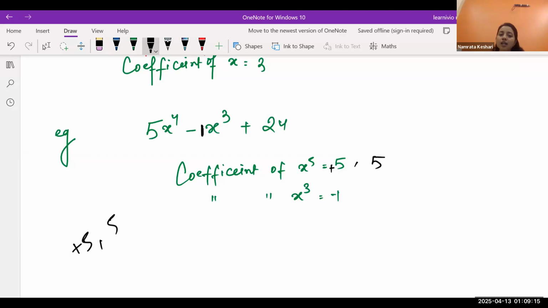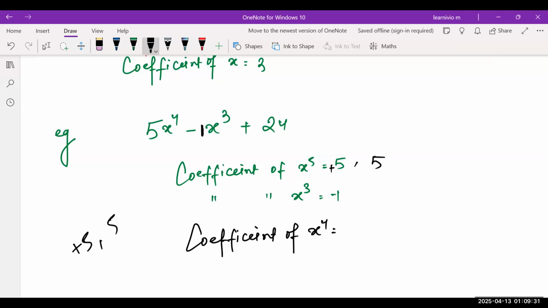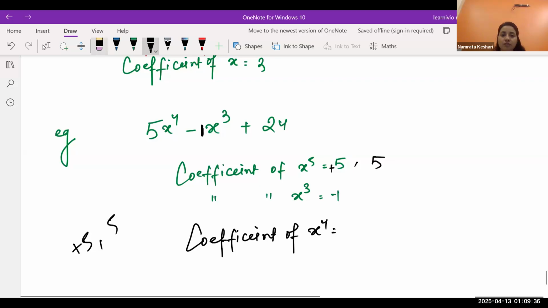Now, if I ask over here, in this particular question, what about the coefficient of x to the power 4? Can you see any x to the power 4 over here? No, right? Okay, wait. Here I must have written x to the power 4. Okay, and I am talking about now x to the power, let's say, 2.